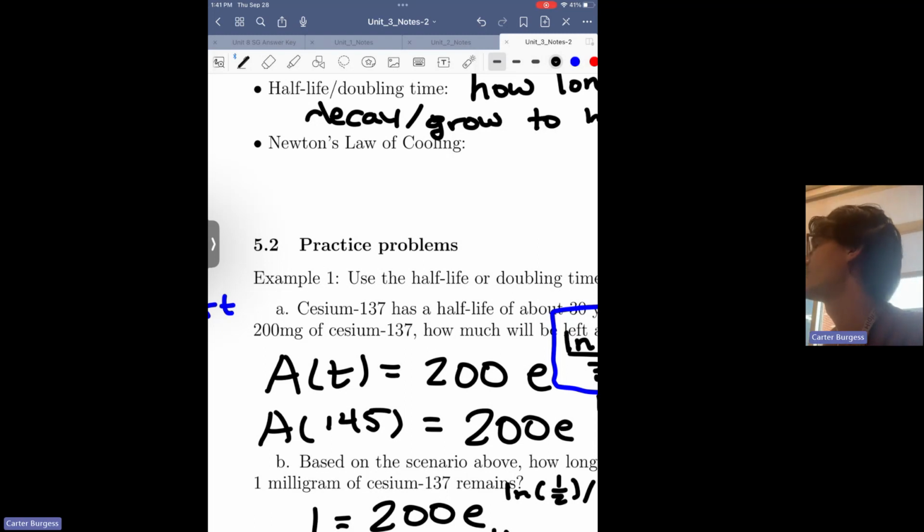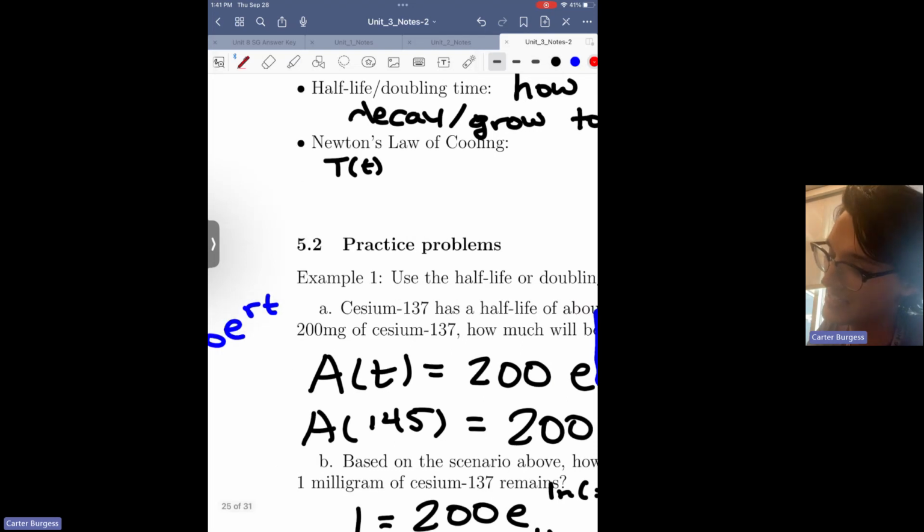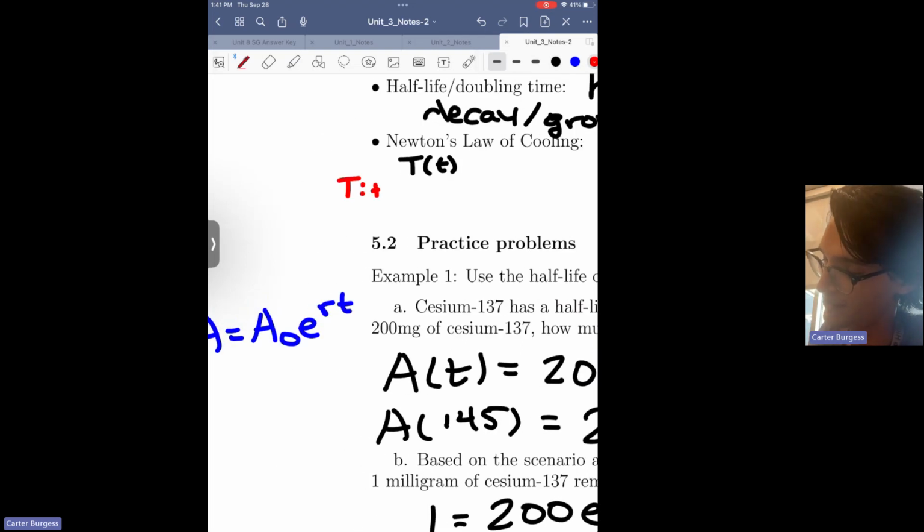One of the confusing things about this is that there are two T's that we're going to be working with. We're talking about a change in temperature as a function of time. So big T is going to be temperature, little t is referring to time. Big T is our output, little t is our input. So this is T of t, just to make things fun and not confusing at all, where big T here is our temperature, and little t here is our time.